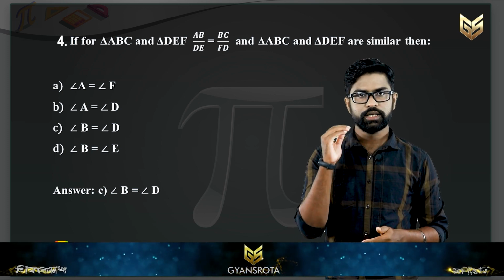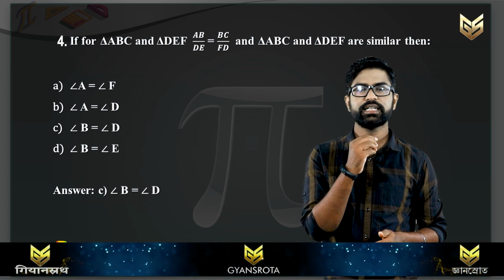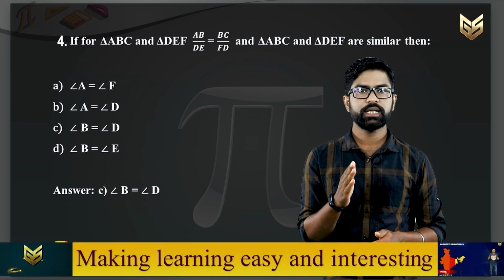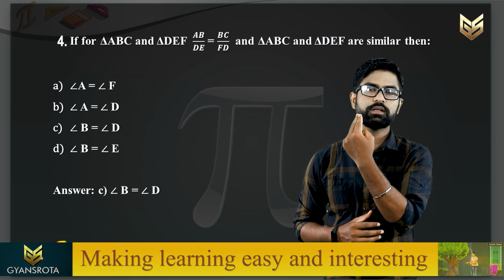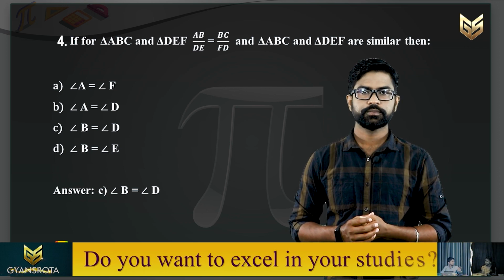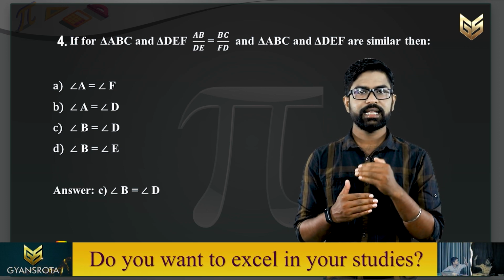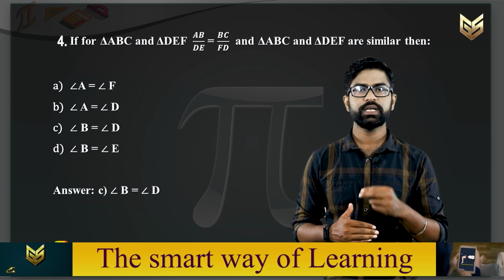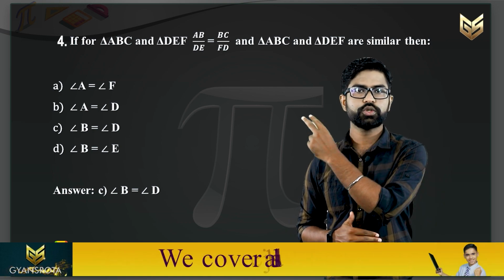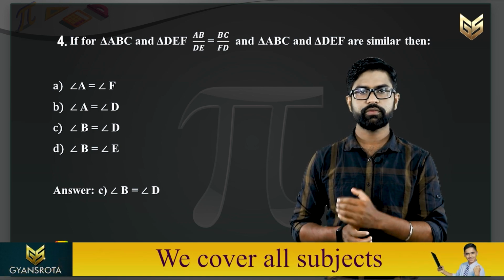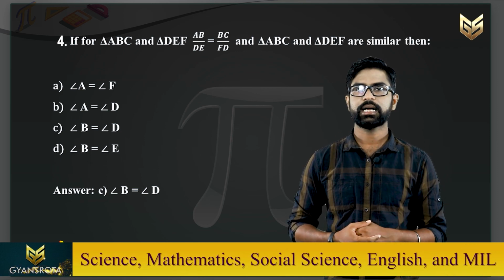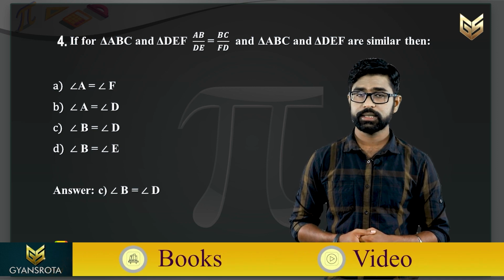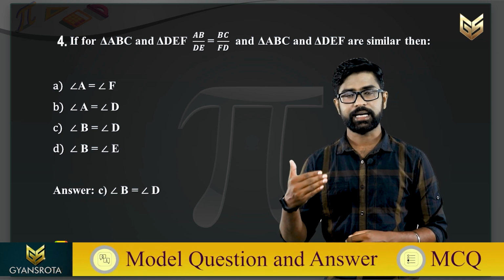Now here the angles that need to be equal should be the angle between the two sides which are proportional. Now from the options it is clear that in option C, that means angle B is equal to angle D, should be that angle.